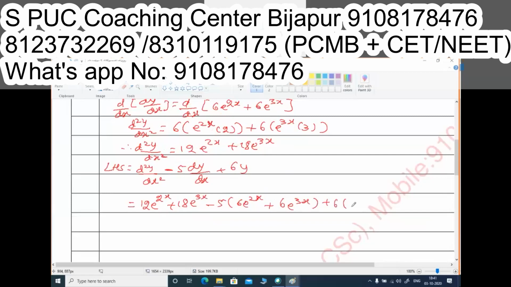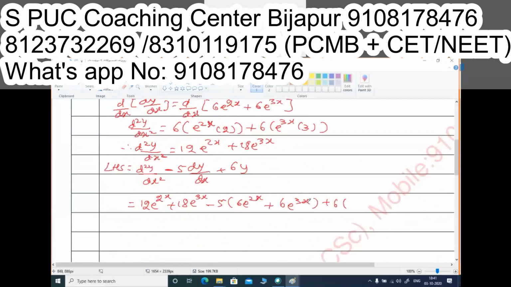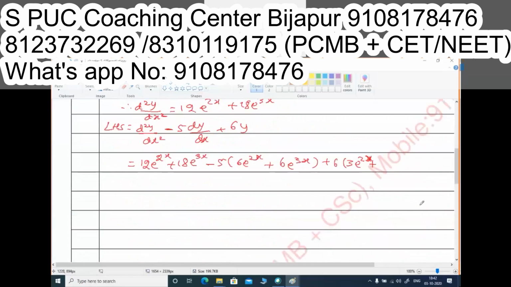Next plus 6 bracket, what is y? 3e raised to 2x plus 2e raised to 3x.